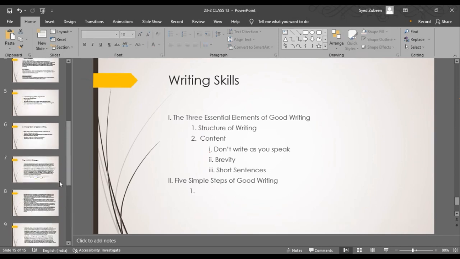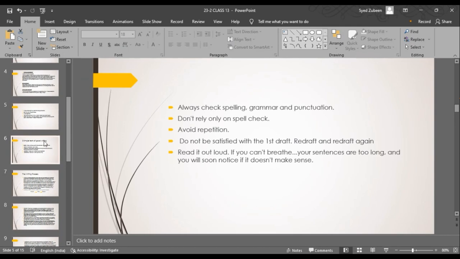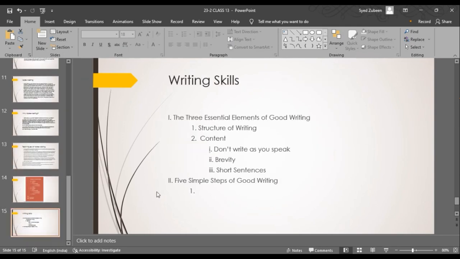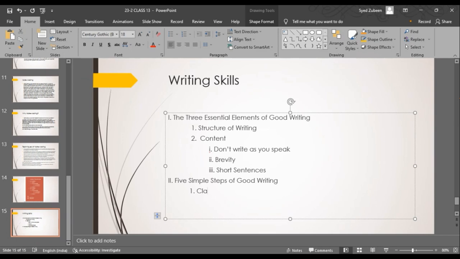So can you see the 5 simple steps of good writing? Clarity, brevity, simplicity, clear sentences.